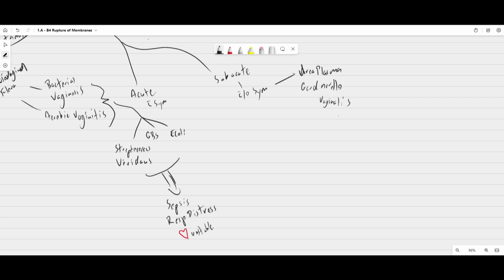And if we have these infections going on, it causes some outcomes for our baby. Symptoms are variable, so we're not exactly sure what these babies are going to look like, but we have a couple ideas.